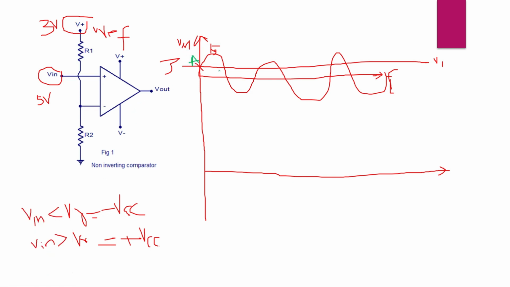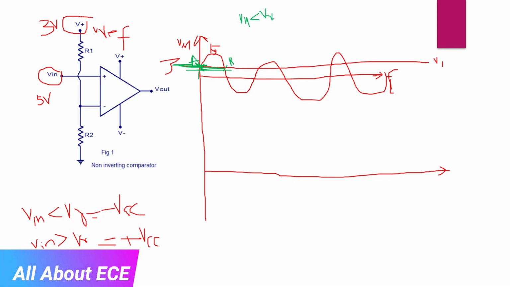Here are the key points A and B. At point A, this is the reference voltage and this is my input voltage. At point A, my input voltage is lesser than my reference voltage, so the condition V input is less than V reference is satisfied.